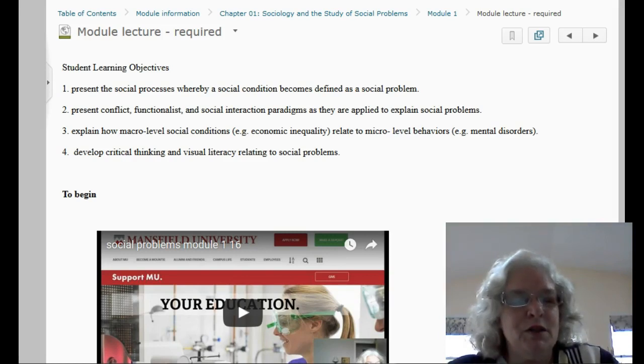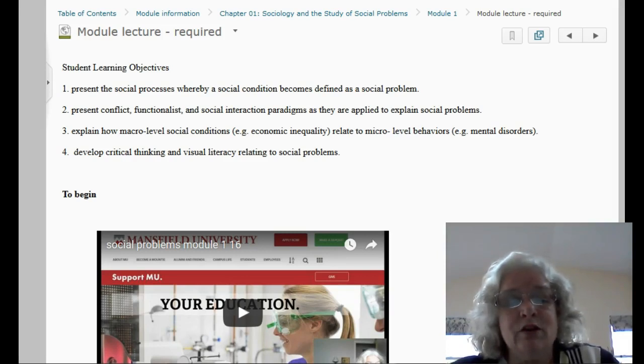The learning objectives are here for this particular module, which incorporates Chapter 1. And we're looking at what defines a social problem. We're looking at theory, and so we're looking at sociology theory, and the primary theories are conflict, functional, and social interaction.